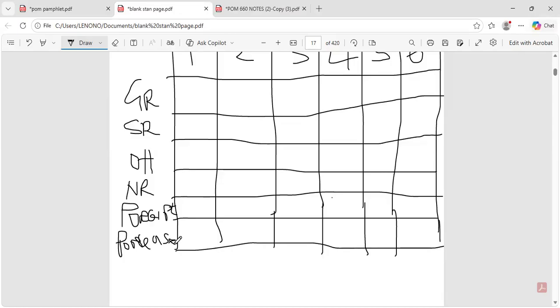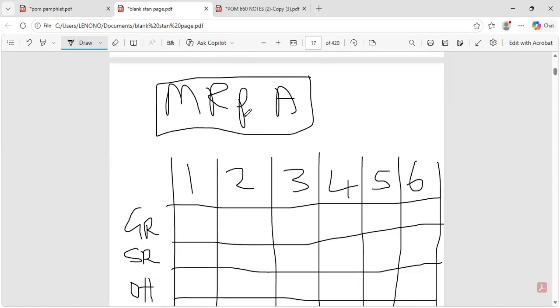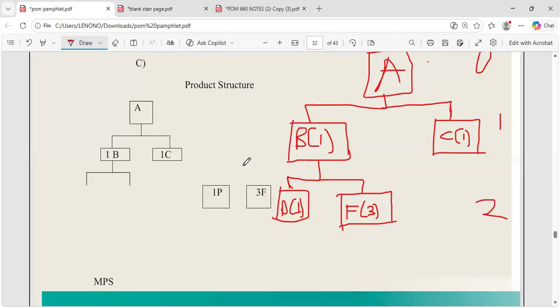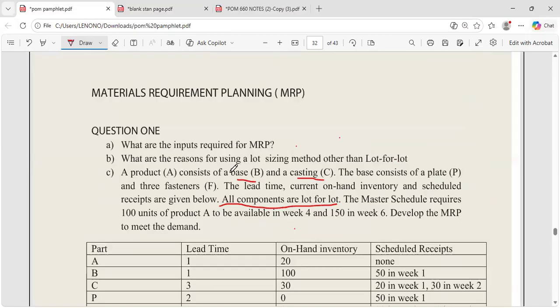All right. What have we been taught about A? The master schedule requires 100 units of A to be available in week 4 and 150 in week 6.